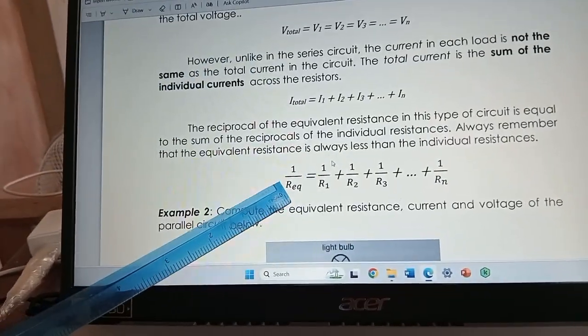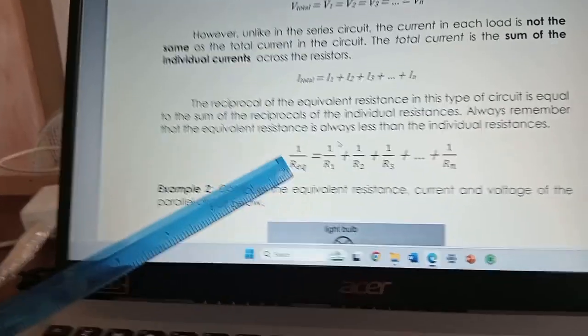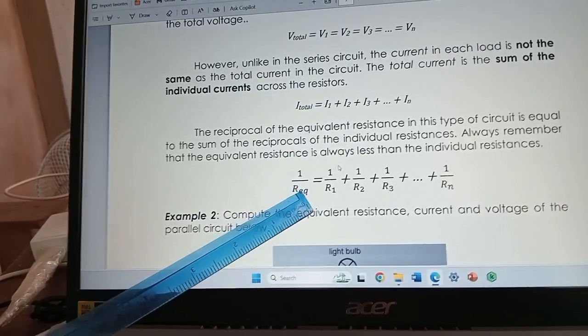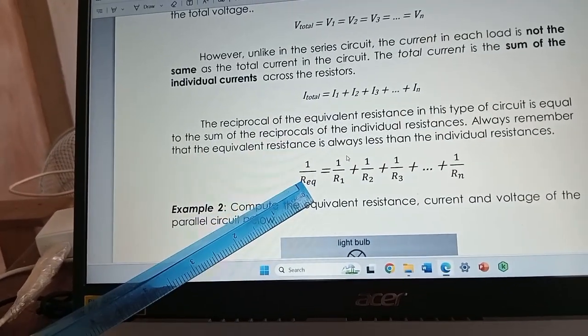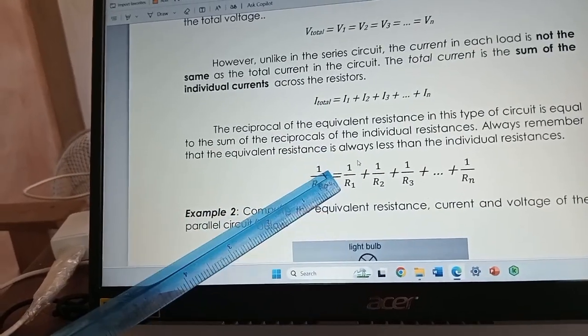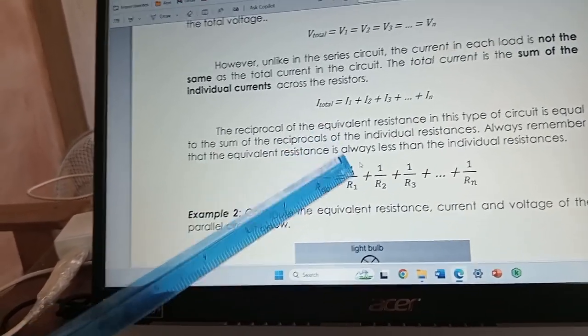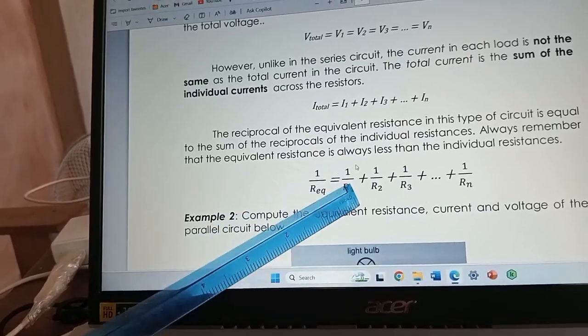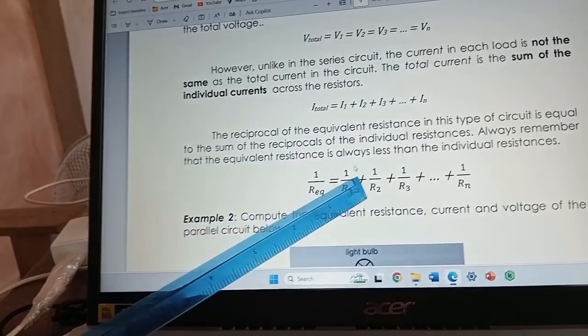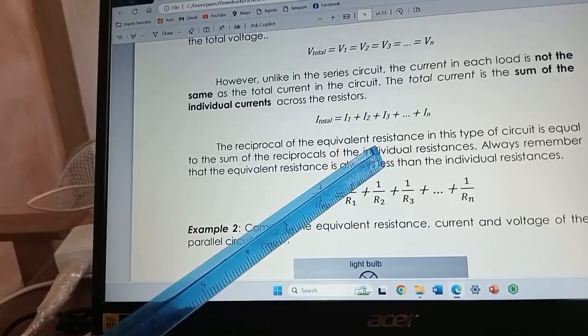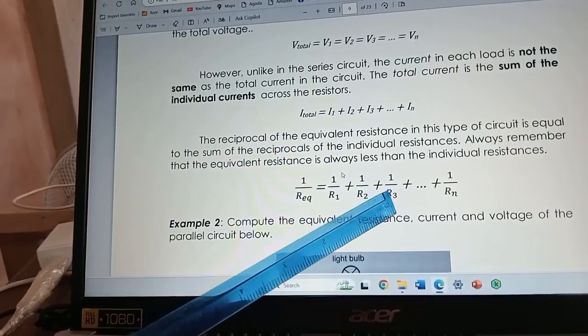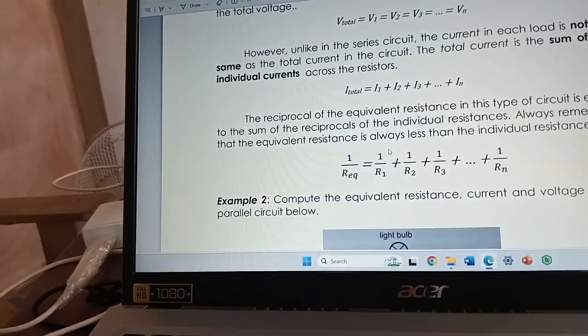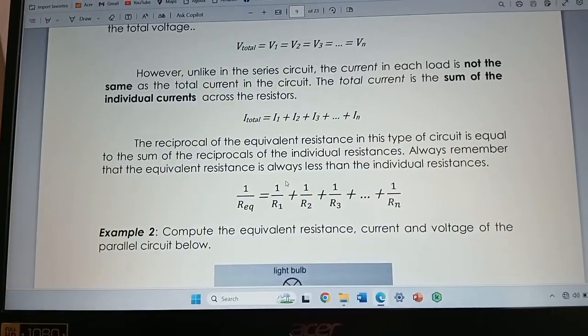It is denoted by this equation: 1 over R equivalent is equal to 1 over R sub 1 plus 1 over R sub 2 plus 1 over R sub 3, and so on and so forth. This time, we will try some examples to further understand the concept.